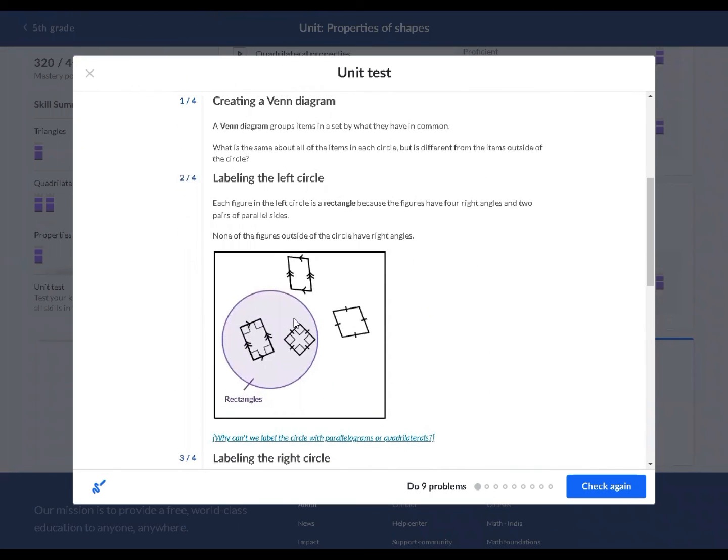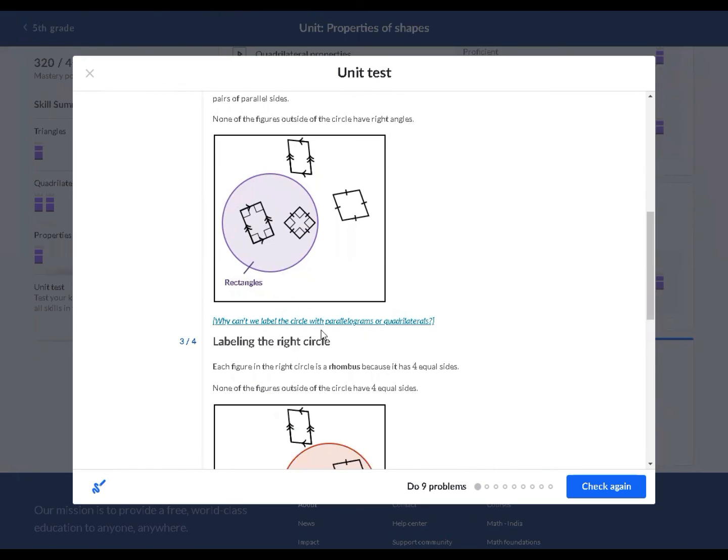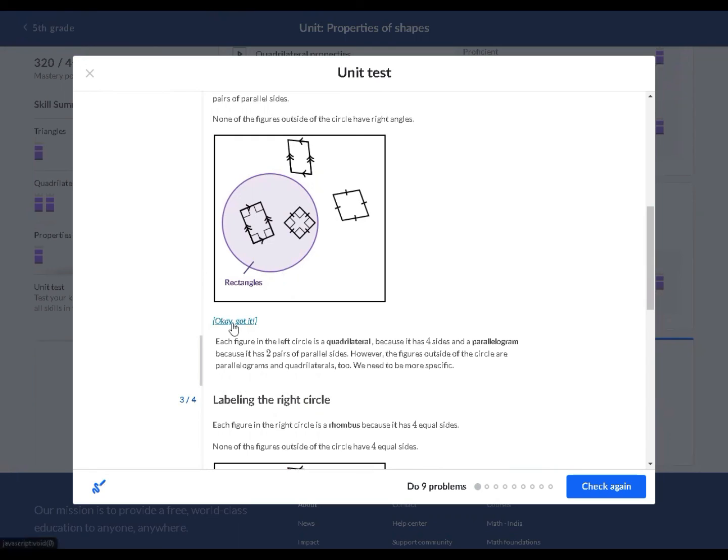Okay, so these are rectangles. So why can't the label in the circle be parallelograms or rectangle or quadrilaterals? So maybe if this is your doubt, let me just clear it. Each figure in the left circle is a quadrilateral because it has four sides, and a parallelogram because it has two pairs of parallel lines.